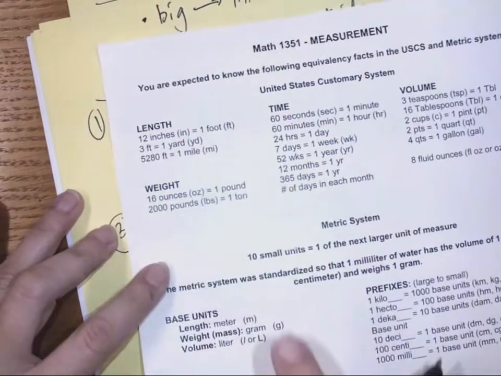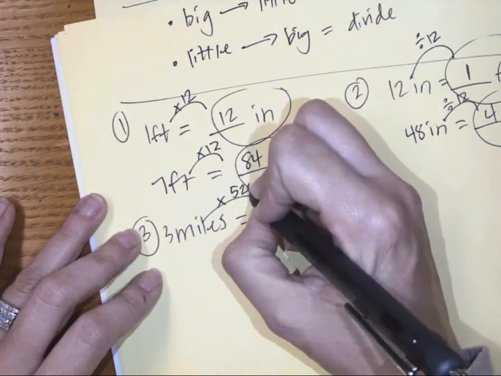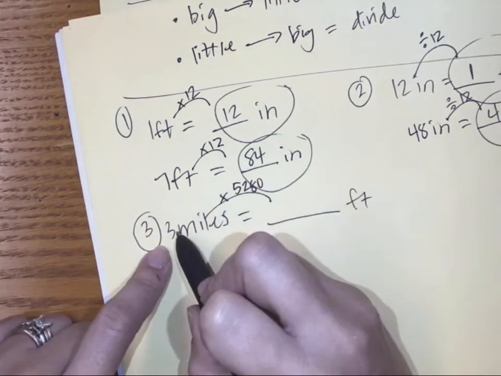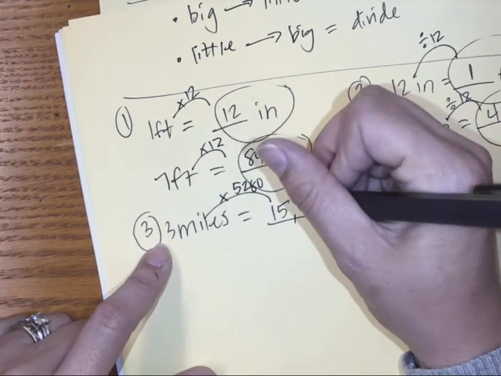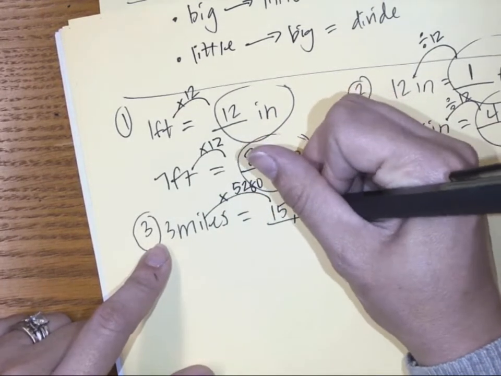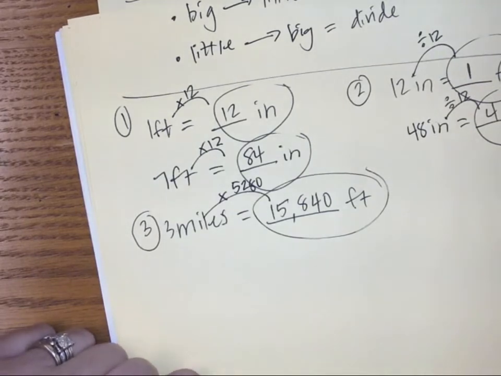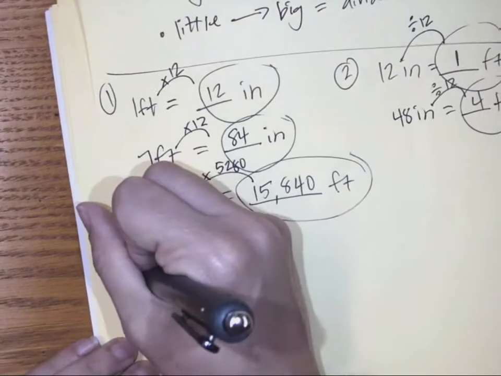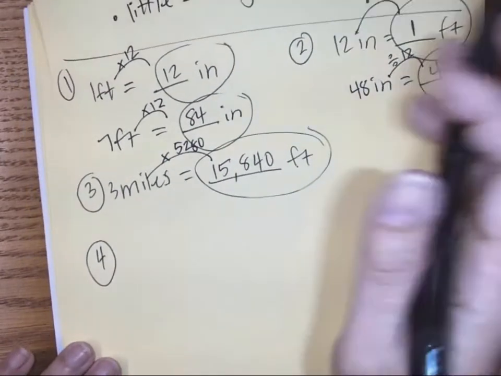That's from your chart, 5,280 feet in a mile. Okay, and so 3 times 5,280 is, on the calculator, if you type it in, you get 15,840 feet. Okay, so those are ones that are just a one-step conversion.